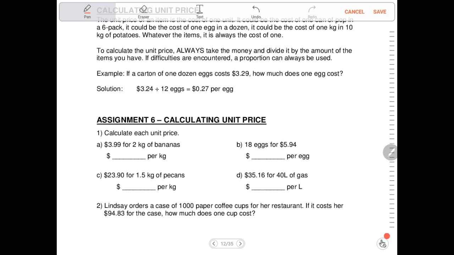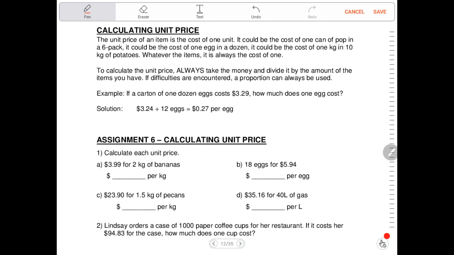Finally, let me do number 1 for you, to show what I'd expect you to show. We know it is $3.99 for 2 kilograms of bananas. The unit price is how much for one unit. This is our price, this is our unit. How many units do we have right now? We have 2, but I don't want to know what it is for 2 units.